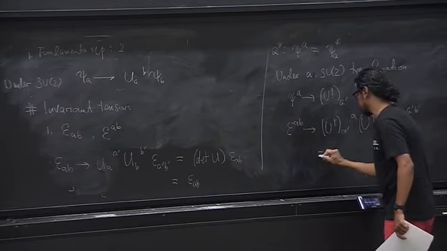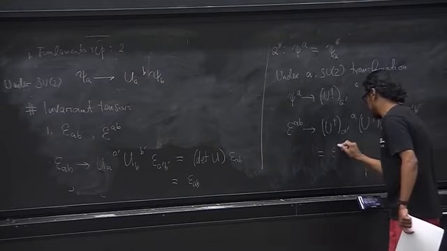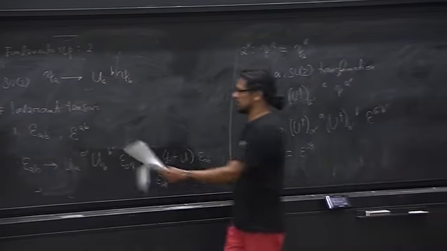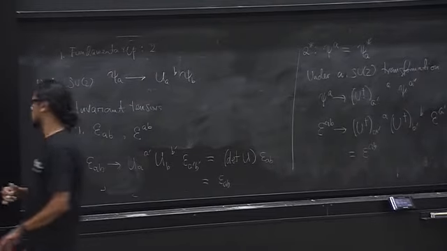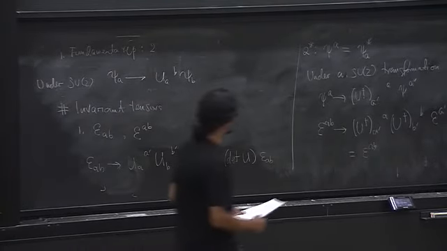Again, by the same logic, the determinant of U dagger is also 1. So we get epsilon AB. So it doesn't matter whether the epsilon AB is downstairs or upstairs. They're both invariant.